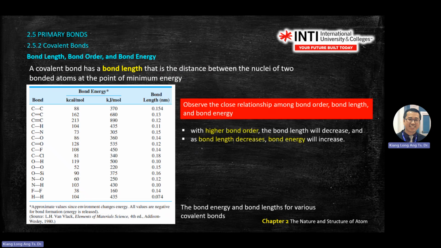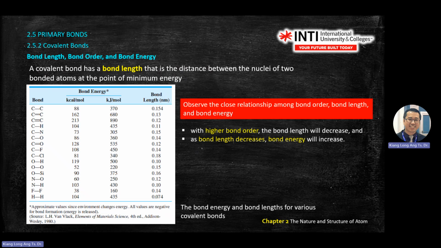Okay. So this one is your homework. You go and observe this table. See if you're able to see these two statements here. The higher the bond order, the bond length will decrease. So you compare this first pair, this second pair, C and O. This one carbon-carbon, carbon-oxygen.